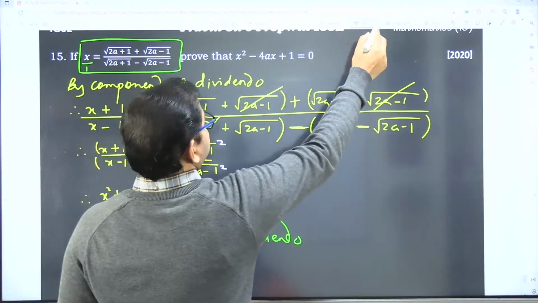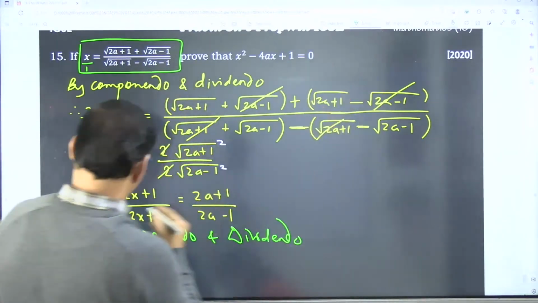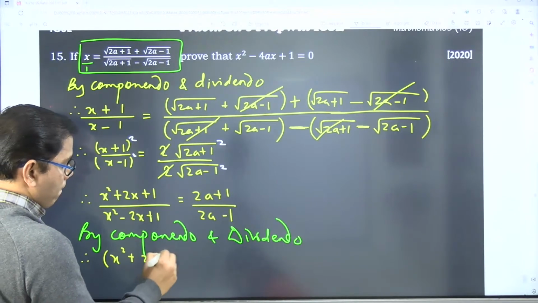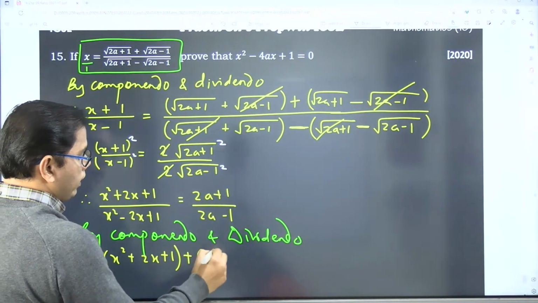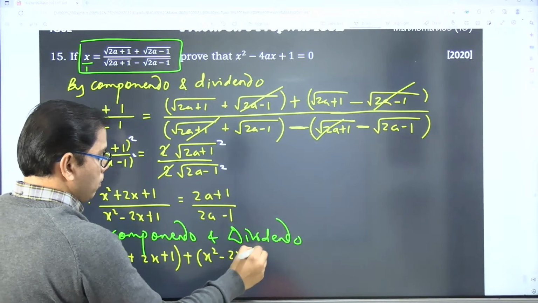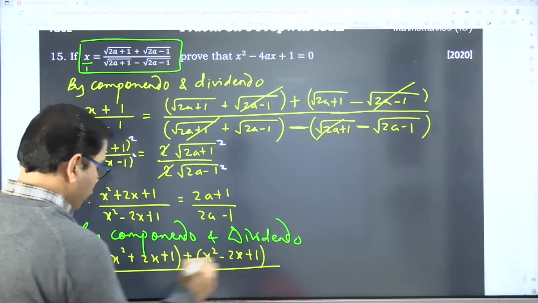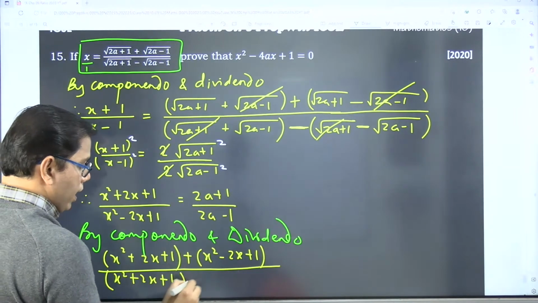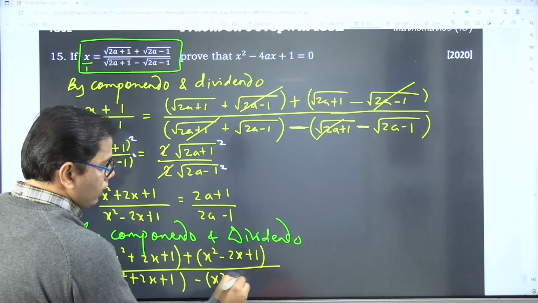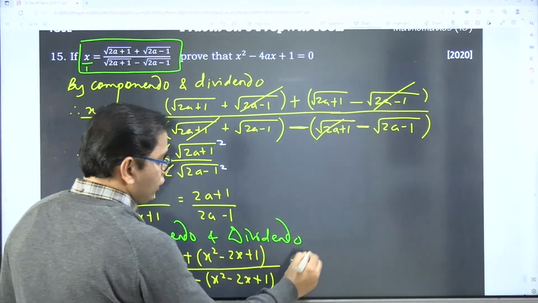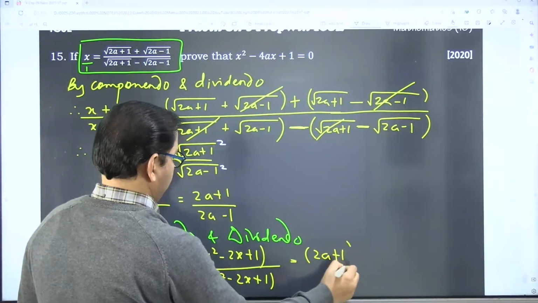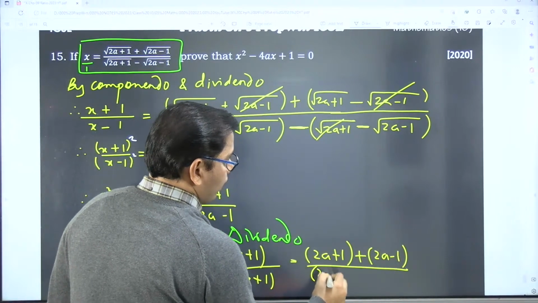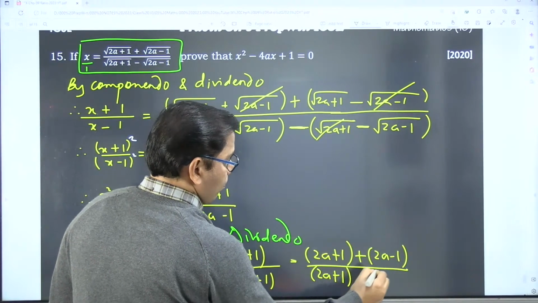Right, so what will we get? We will get x square plus 2x plus 1, numerator plus denominator x square minus 2x plus 1, upon numerator x square plus 2x plus 1 minus denominator x square minus 2x plus 1. Here also numerator plus denominator upon numerator minus denominator.